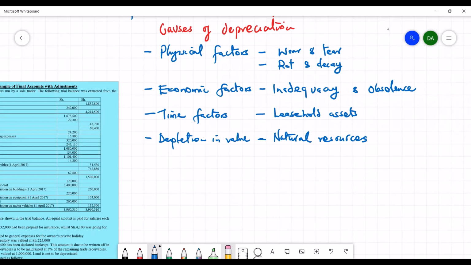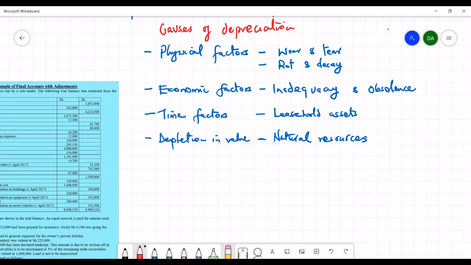As they are being exploited, they are getting depleted, and that is the basis for depreciating such non-current assets, which are natural resources: forest resources, oil, gas, and minerals. They lose value as they are being exploited during extraction.